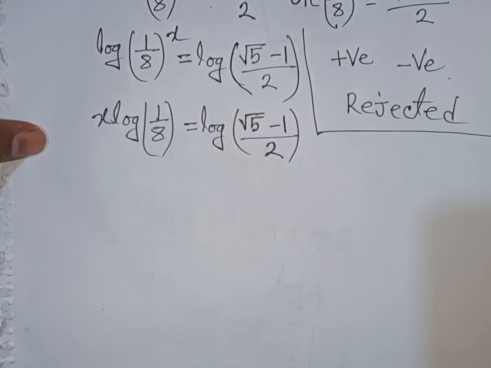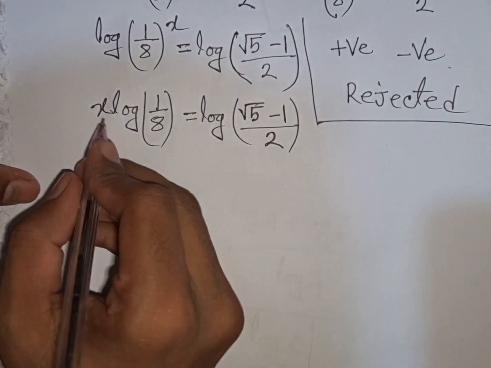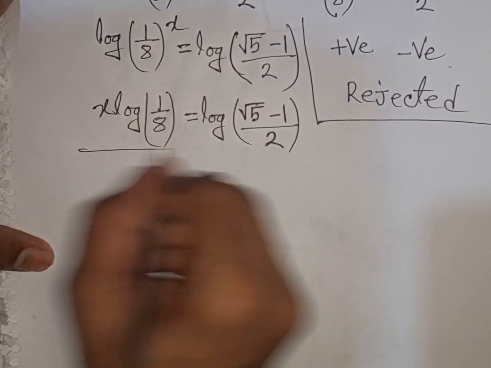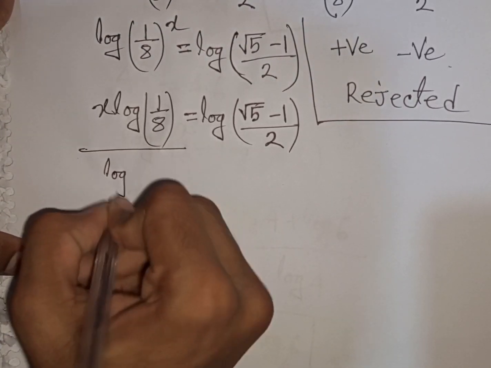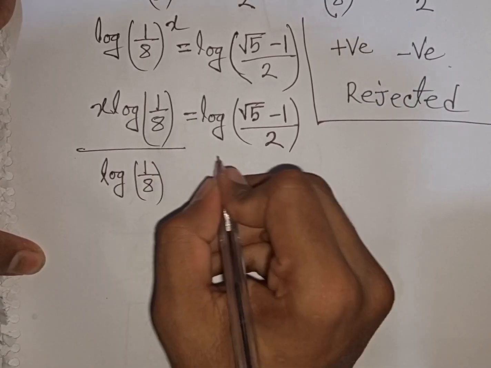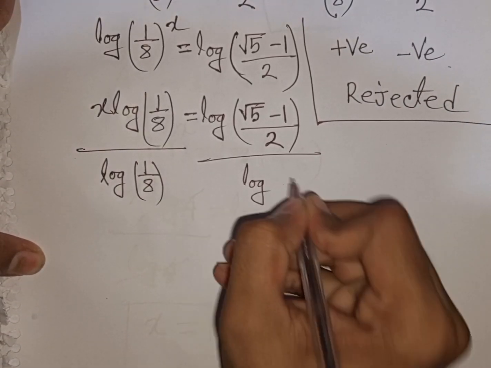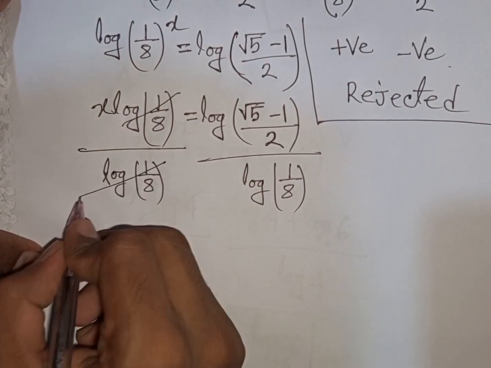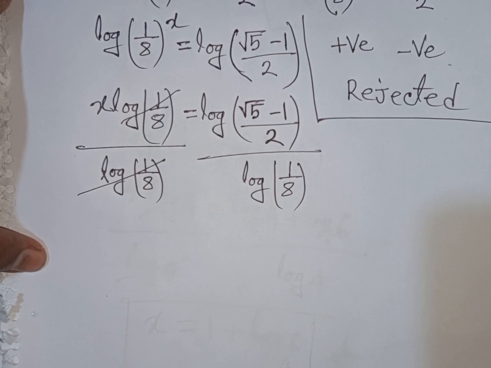Now, we need the value of x. So, we divide by log of 1/8 on both sides. This log of 1/8 and this log of 1/8 will be cancelled.